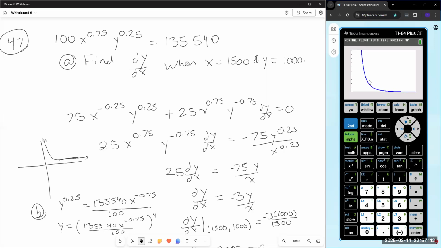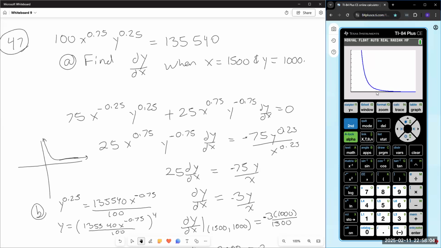And it looks like that. You can see that it's a decreasing function. So as x increases, y decreases. That would be as labor increases, then available capital decreases because you're going to have to spend capital to get that labor.